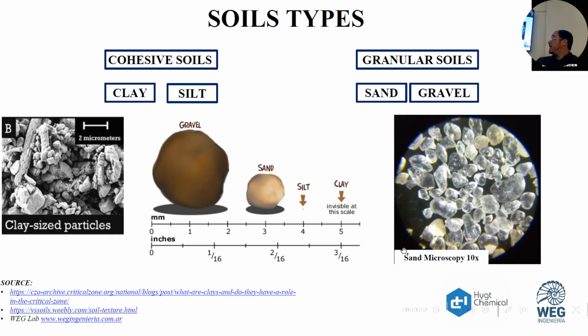As we can see, there are various types of soils. Mainly, we have two big groups. One is clays and silts that make the cohesive soils, always talking about inorganic soils. Cohesive soils are basically clays and silts, small particles where the electromagnetic forces between particles are the main phenomenon. And then we have granular soils like sands and gravels, where the main forces acting are gravitational.